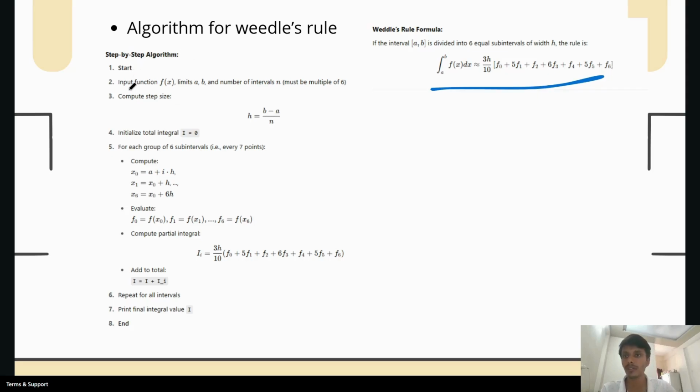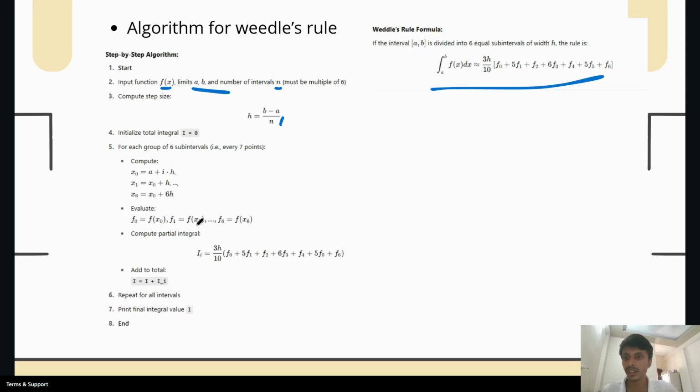The algorithm for this is: we take input function f(x), limits a, b, and number of intervals n. The n must be a multiple of 6. Then we compute step size h equals (b minus a)/n. Initialize the total integral I equals 0. For each group of 6 subintervals, that is every 7 points, we compute x0 equals a plus i times h, x1 equals x0 plus h, and so on, x6 equals x0 plus 6h.